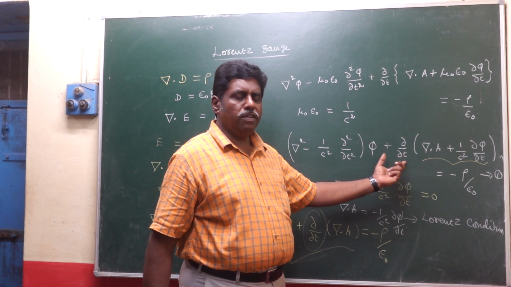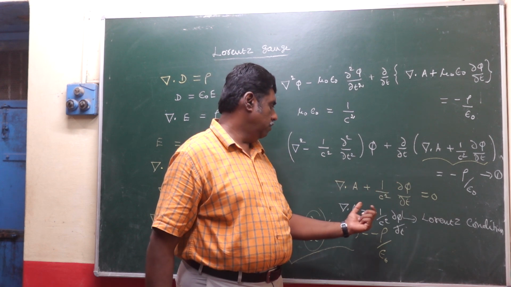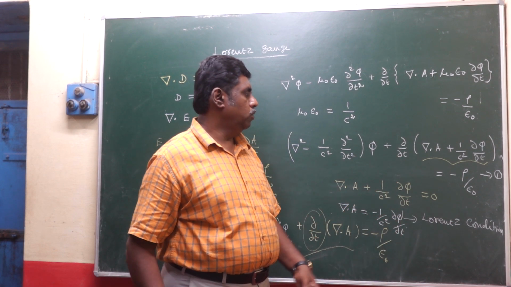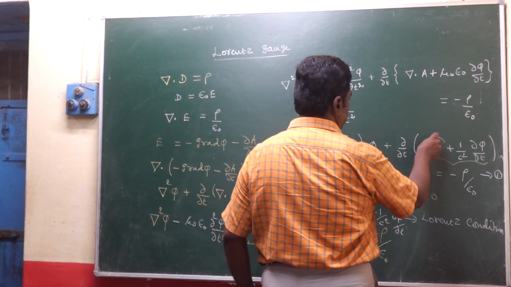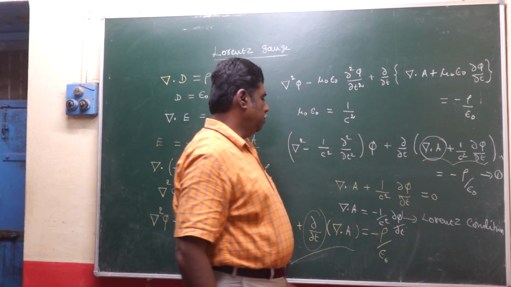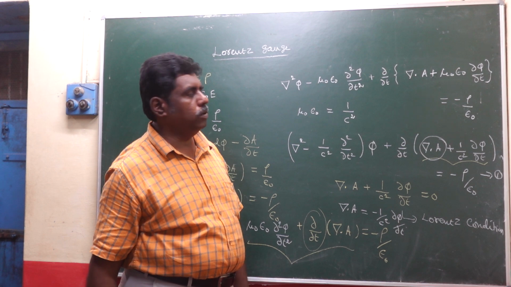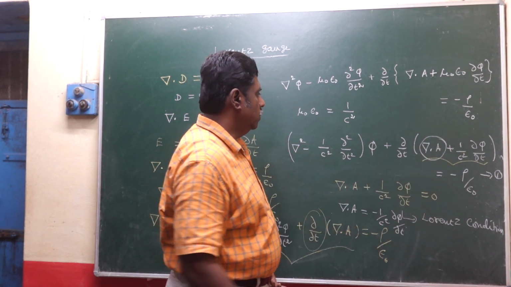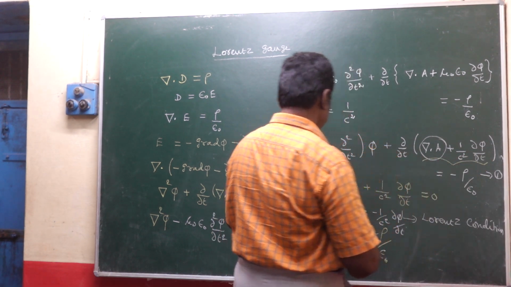If equation 1 satisfies the Lorentz condition, what is the value of div A? Div A equal to minus 1 by c square dou phi by dou t. So instead of this term, del dot A, we can put minus 1 by c square dou phi by dou t. So the entire is 0. The second term is discarded.